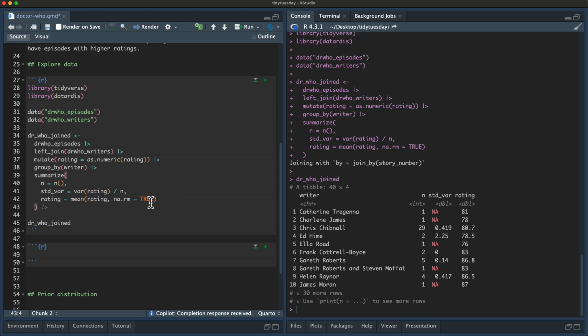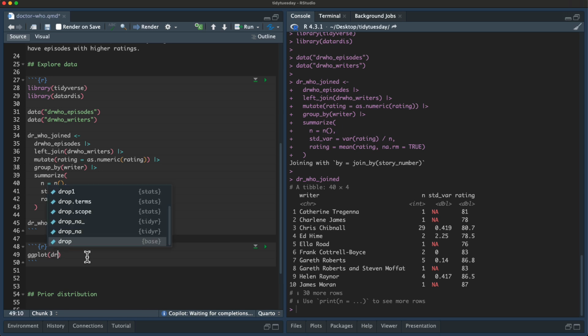There's no NAs in this. The mean rating, and then the variance in that person's rating. So like this person has 29 episodes, and so their variance there is lower than this person who has 2. Notice we can't compute a variance for someone we just have 1 for, so we'll have to take that into account.